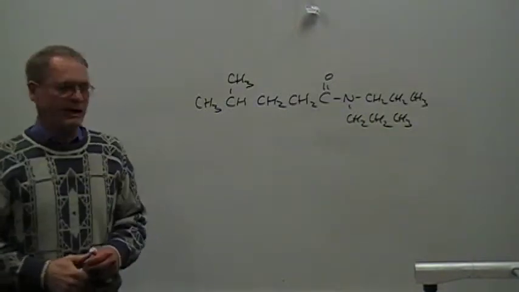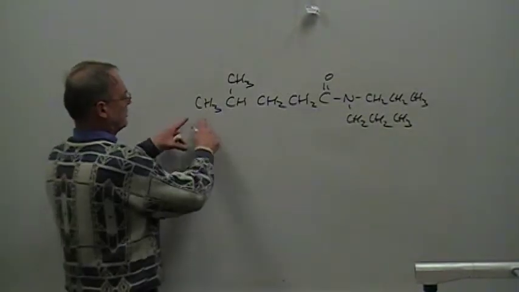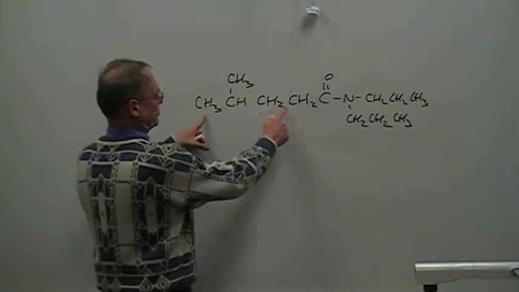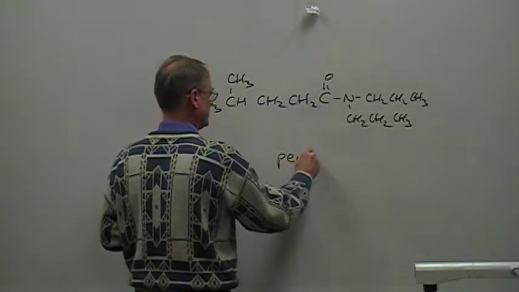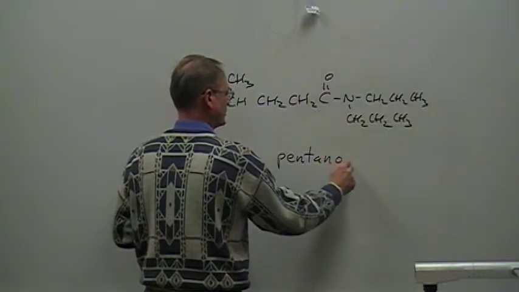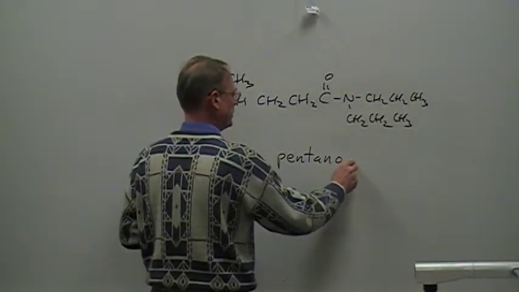How are we going to name that compound? Well, the basic carboxylic acid would be 1, 2, 3, 4, 5 carbons. So pentanoic acid. So we're going to change the ending to amide, so pentanoamide.